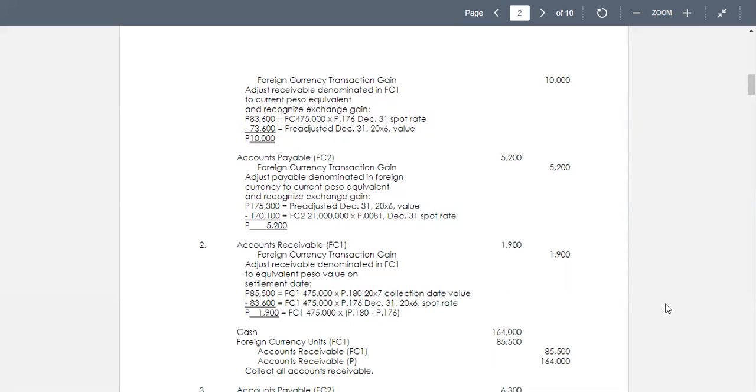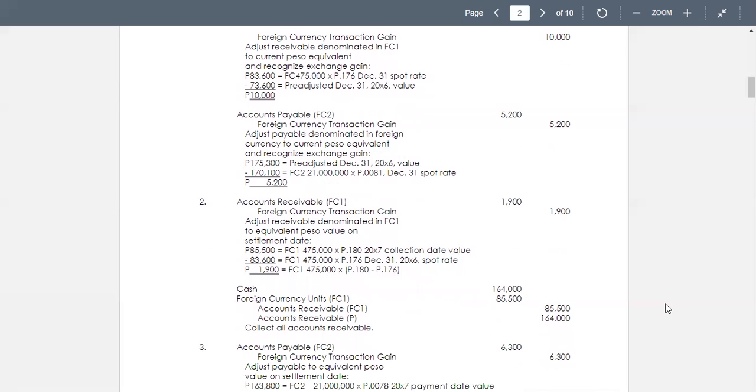Now, we debit cash 164,000. Then we debit foreign currency units for 85,500. Credit accounts receivable, FC, for 85,500. And credit accounts receivable, P, for the amount of 164,000.